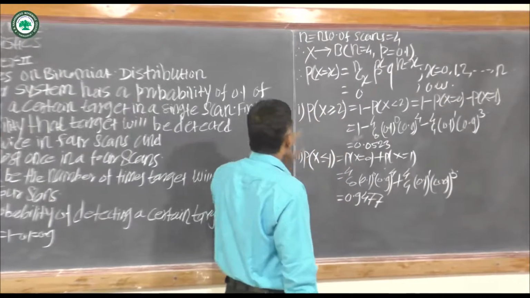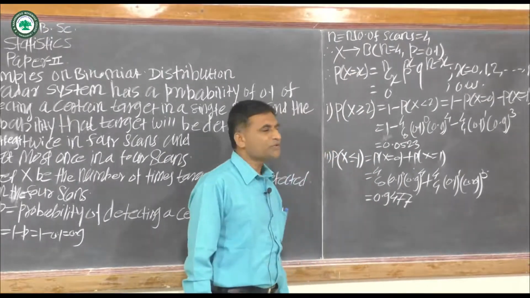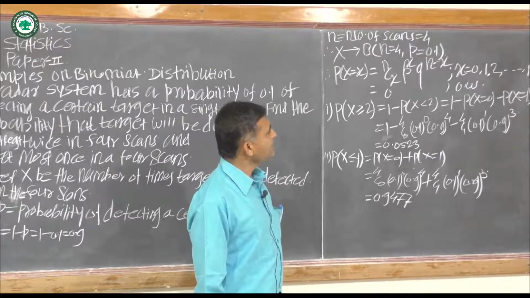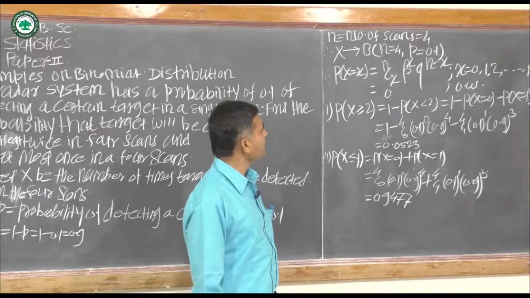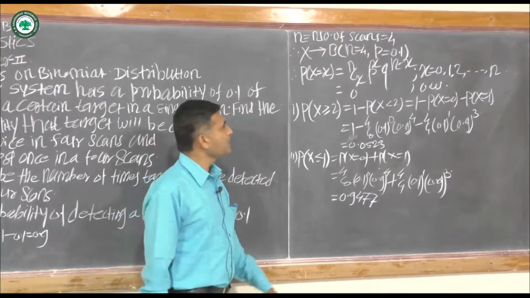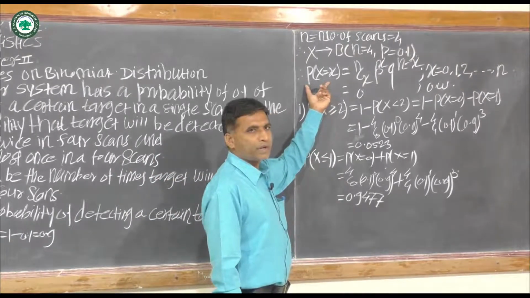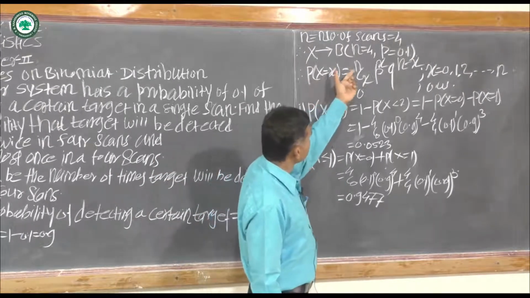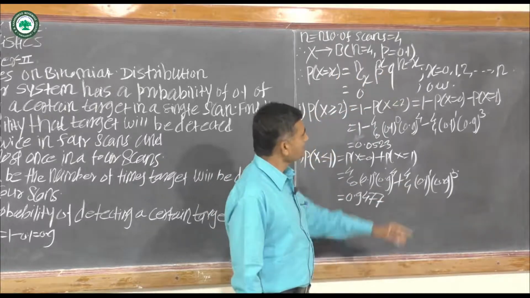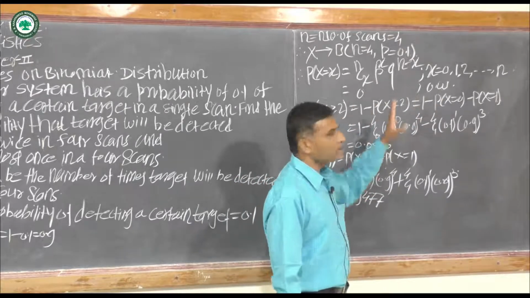Hence the random variable x follows binomial distribution with parameters n equal to 4 and p is equal to 0.1. Now the probability mass function of random variable x is probability of x equal to x, which is equal to nCx into p raised to x into q raised to n minus x. x takes values 0, 1, 2 up to n, 0 otherwise.